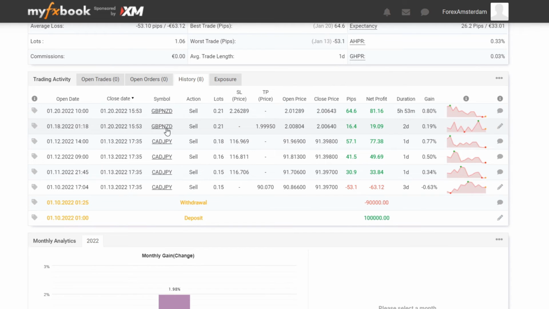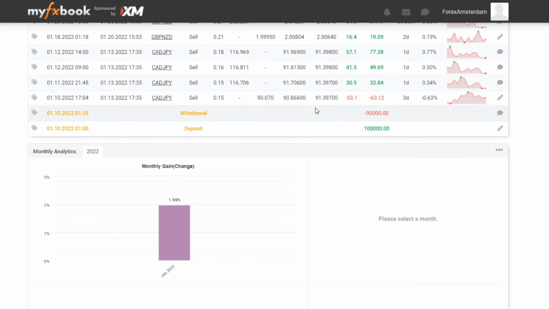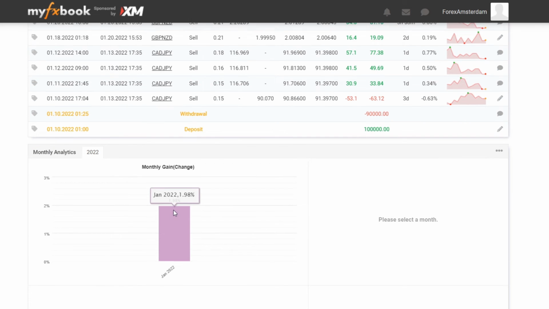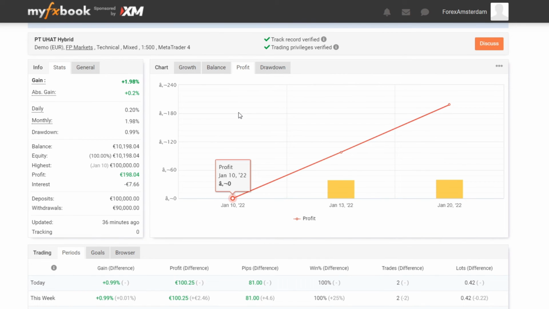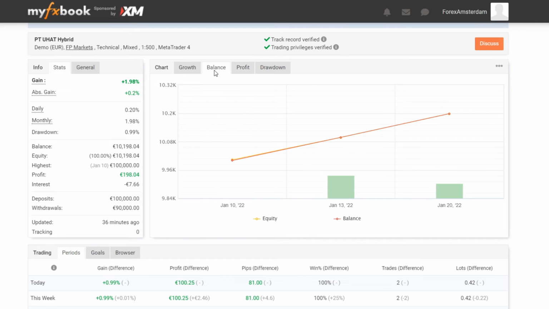And then I took the GBPNZD trade, and over here you see the first one was about 20, and then it was about 80. So now in total I have made almost 2%. As you can see, 2 trades, and I'm about 2% in profit, and that's exactly what I wanted. My drawdown is also quite low, 1%.